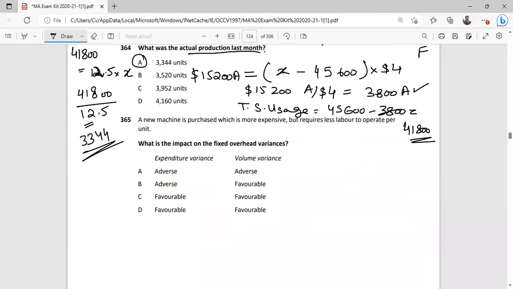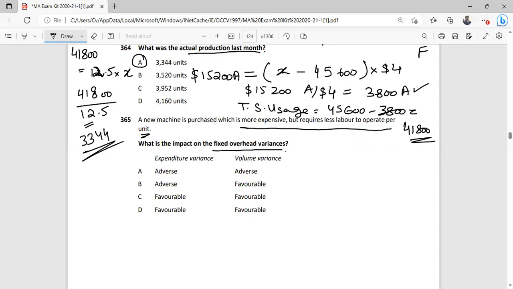A new machine is purchased which is more expensive but requires less hours to operate per unit. What is the impact on the fixed overheads variance? We purchase more expensive machines. Less hours means our cost will be lower.